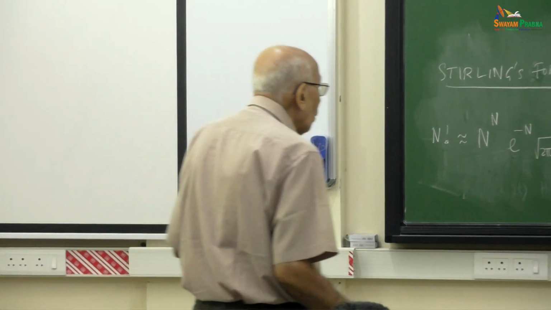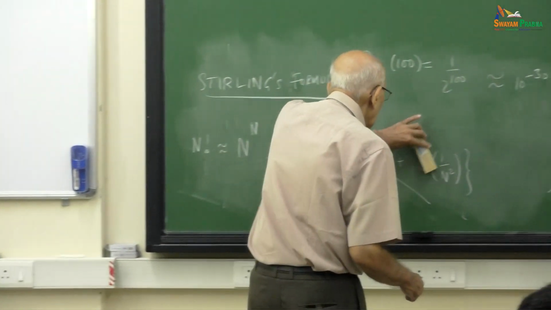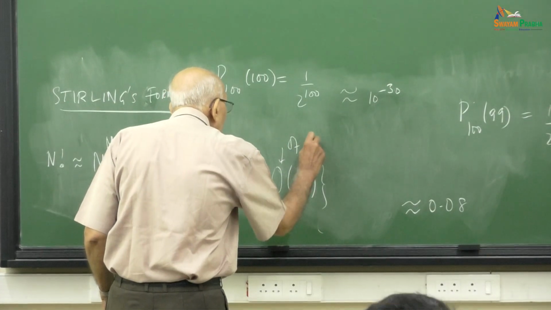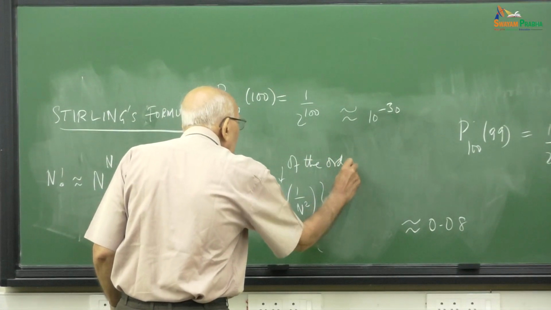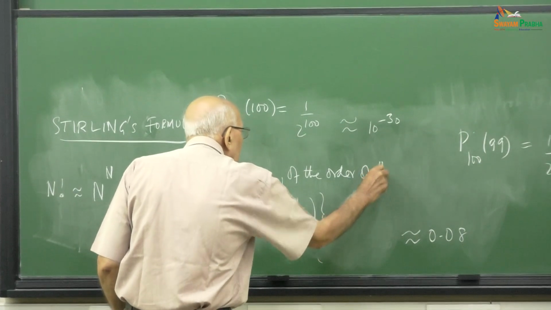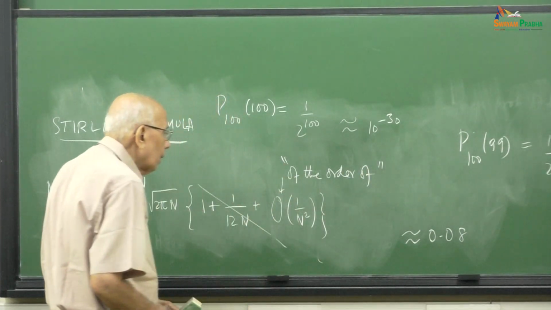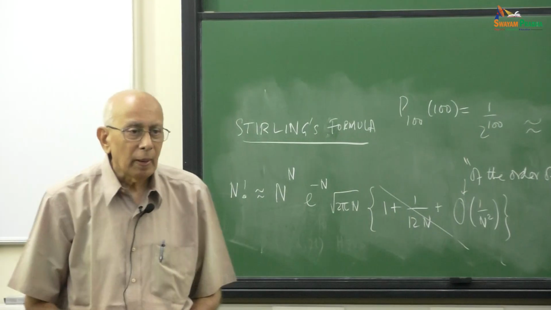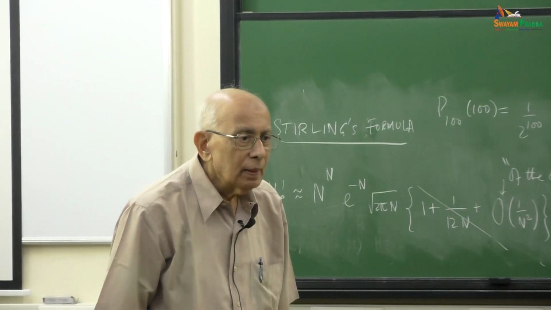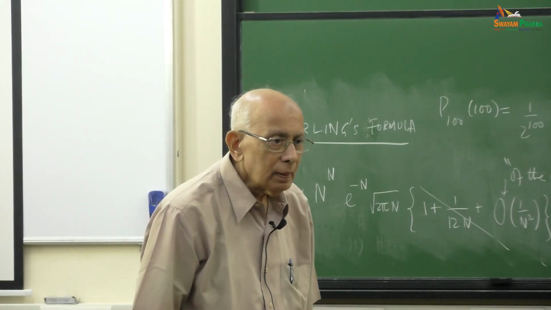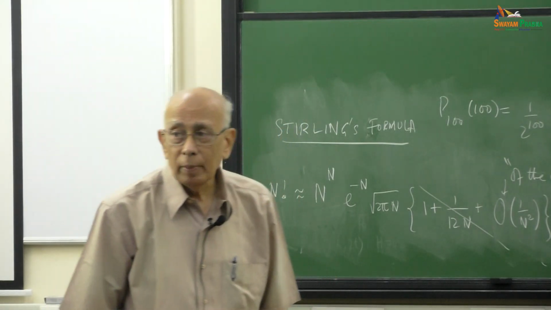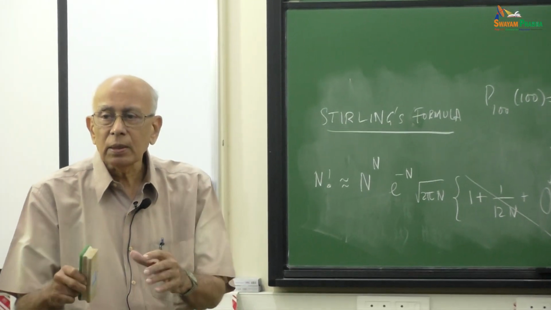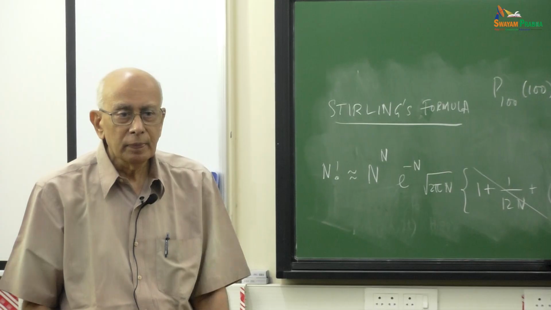This O stands for "of the order of." No, it's not a geometric progression. It's not 1 over n squared plus 1 over n cubed plus etc. It's got some numbers as coefficients.